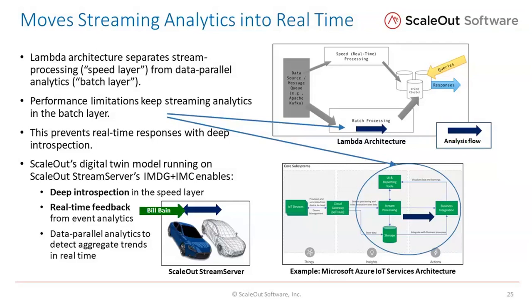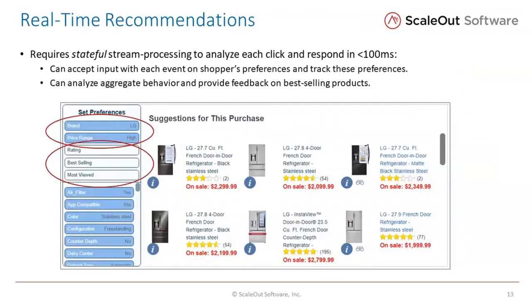of a system. And we saw that in this example of e-commerce recommendations, because if you can perform data parallel analytics in real time within seconds, then a shopper can see what's selling this hour, this minute, right now. So if they're looking at refrigerators, what's the hot product or what's the most viewed product, and that helps them to refine their search.